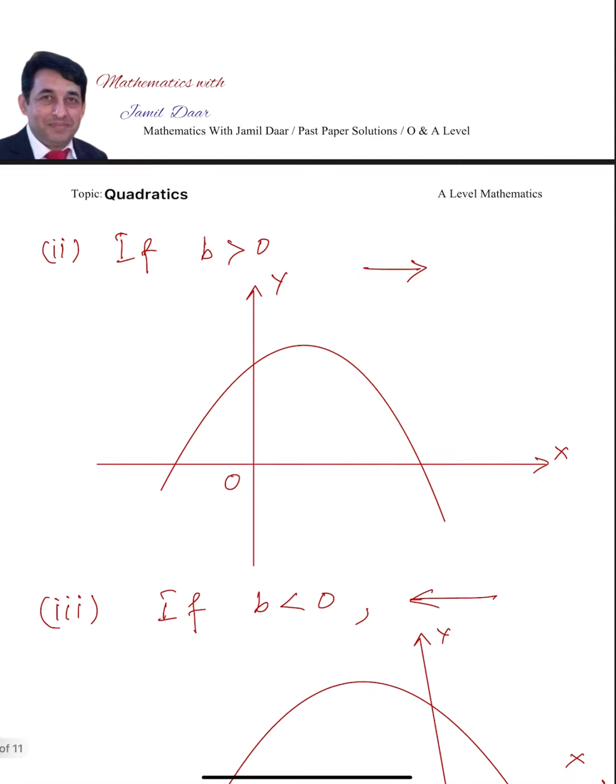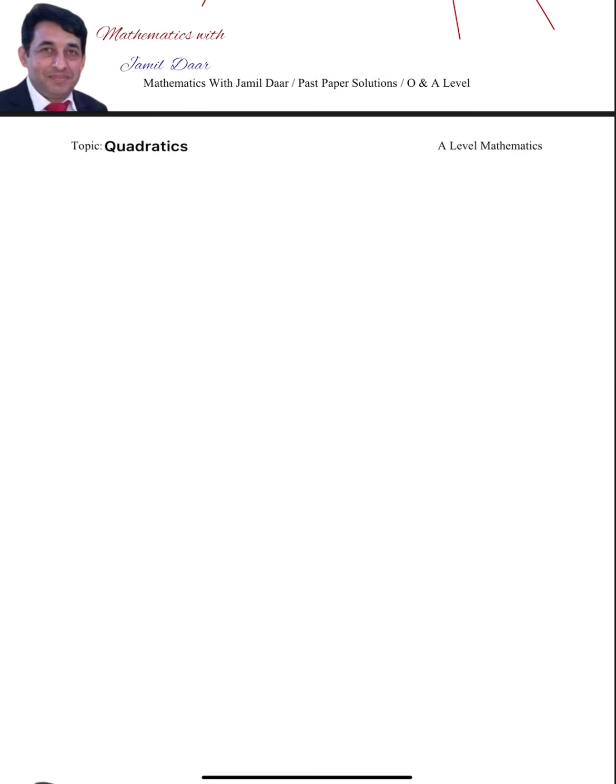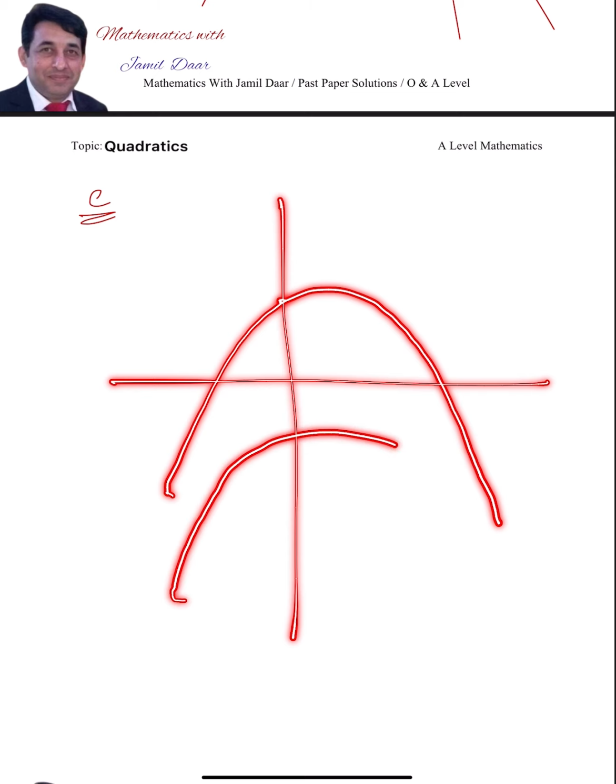So C will react vertically. Now, if C is positive, that means the y-intercept is positive. If C is lesser, it will go down.